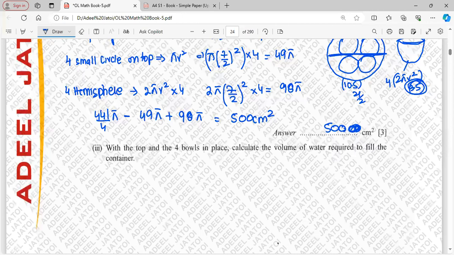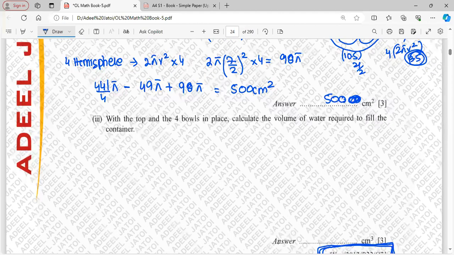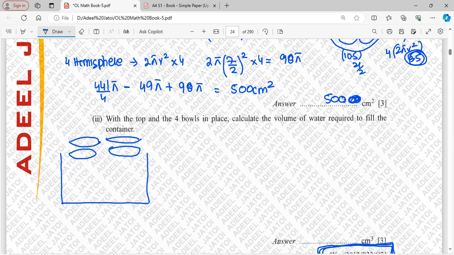Let's say we have a container, and 2 containers are filled from this side, and obviously 2 containers will be filled from the other side. Similarly these 2 balls, and these are placed inside the cylinder.